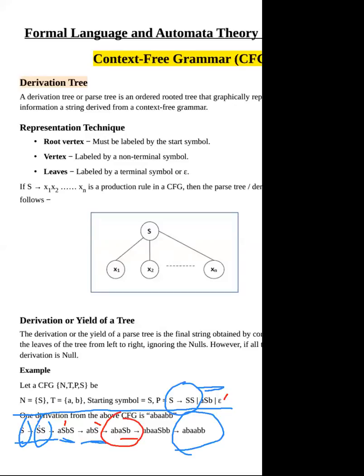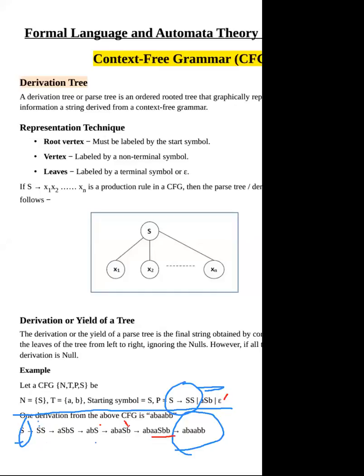Up to this point, is it clear to all of you? Yes, sir. A, B, A, S, B after replacing the second S by ASB. Now again we can replace the S. Next we replace the second S, this S, by ASB, and then by null.